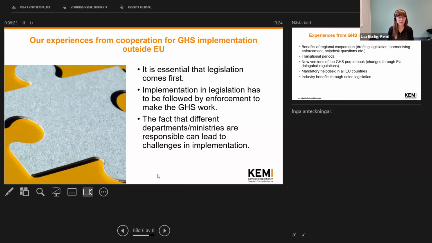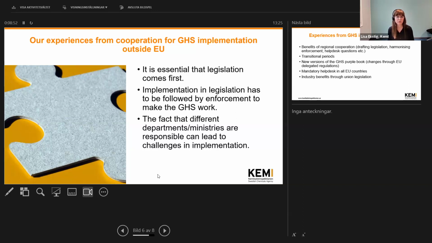As I mentioned earlier, it's essential that legislation comes first when you want to implement GHS in your country, because it gives an incentive, as I told you before, for the companies to implement it. And the implementation in legislation has to be followed by enforcement to make the GHS work.